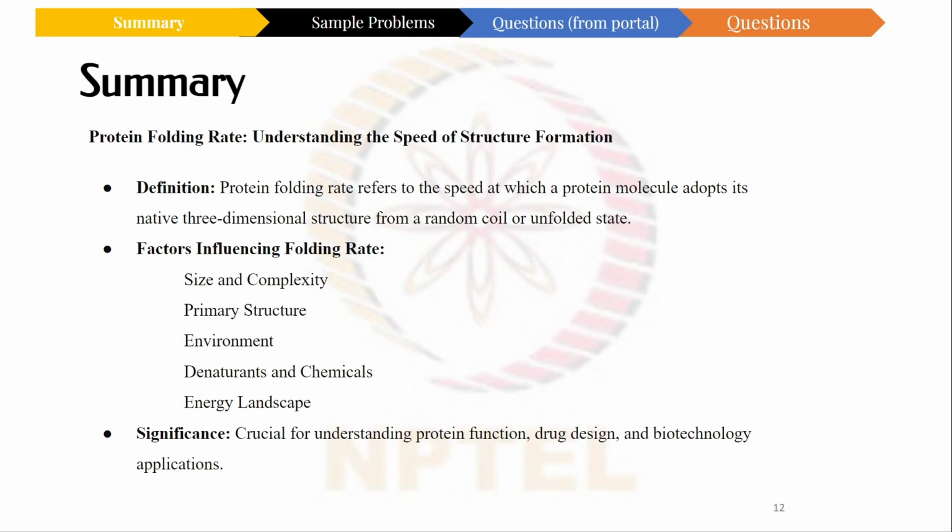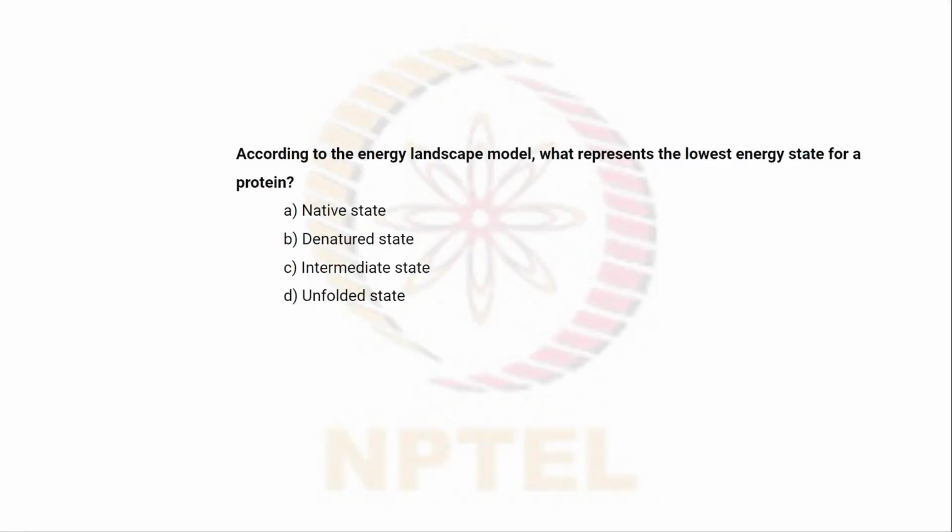Understanding protein folding rates is crucial for understanding the protein structure-function relationship as well as applications in drug design and biotechnology. Various experimental and computational methods such as kinetic studies, molecular dynamics simulation, and bioinformatics analysis are employed to investigate and predict protein folding rates under different conditions.